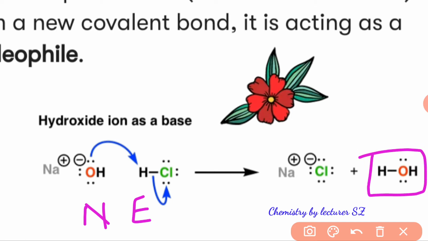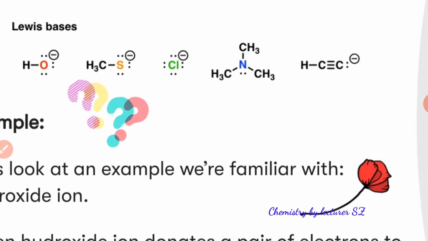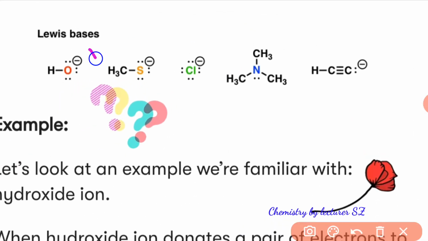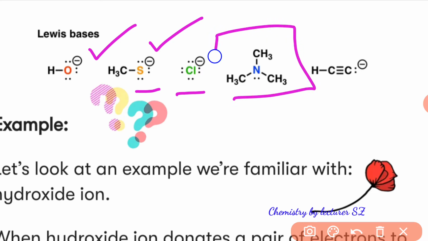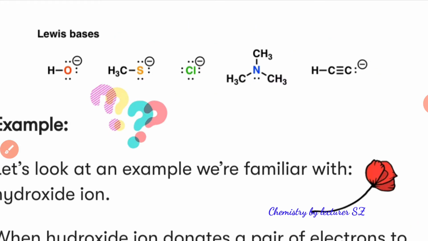There are some other examples of nucleophiles as well. This OH is a good Lewis base. SCH3, in which the sulfur is having a negative charge, chloride with a negative charge, and nitrogen are also nucleophiles because they contain a lone pair of electrons. And this acetylide ion is also acting as a nucleophile because it is having extra electrons.